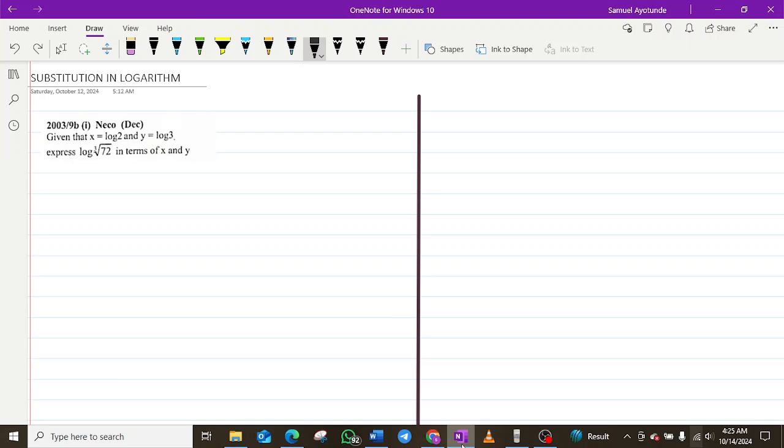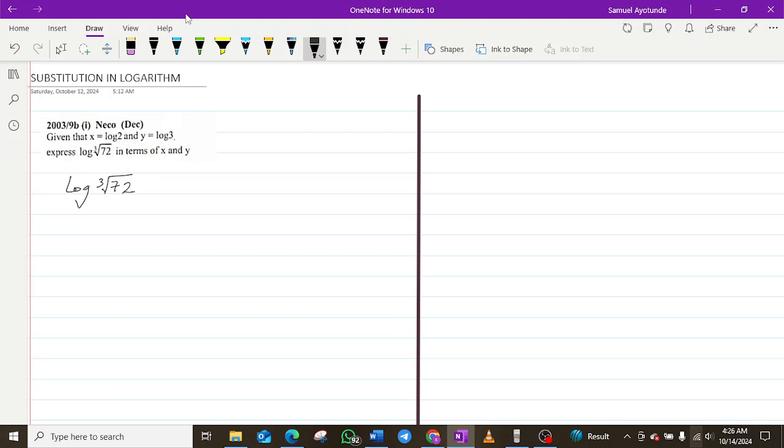So I have an example here: given that x is equal to log 2 and y is equal to log 3, express log cube root of 72 in terms of x and y. So the question wants log cube root of 72 expressed in terms of x and y.